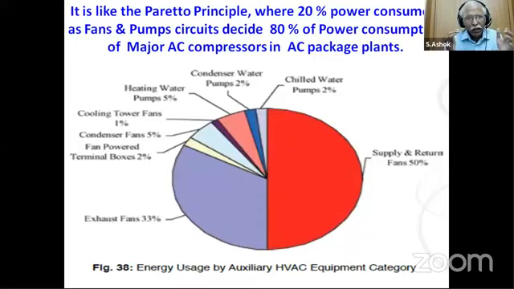So the load and the factor of the AHUs decide the AC compressors' consumption. Almost 50% goes towards the auxiliary units, the supply, return and exhaust fans. The air circuit is consuming more on the auxiliary circuits compared to the pump circuits.